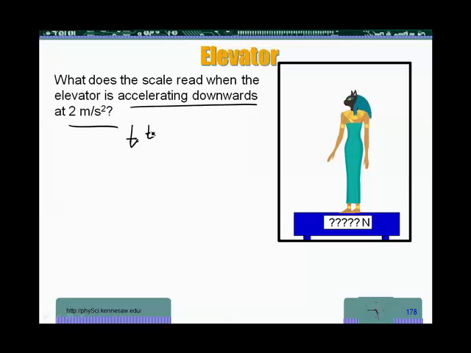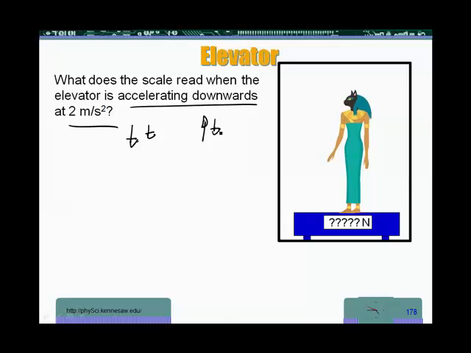Moving downwards and speeding up. Or if we are moving up and slowing down. So the two cases, speeding up while moving down or slowing down while moving up. Both cases result in an acceleration downwards.